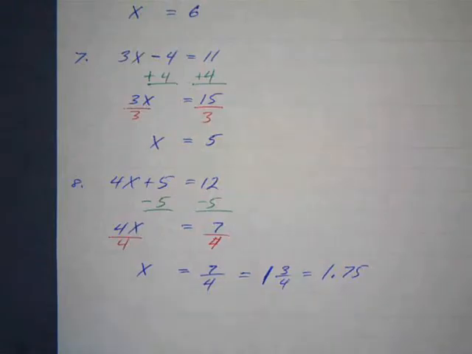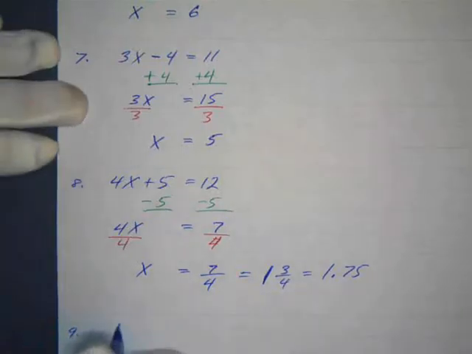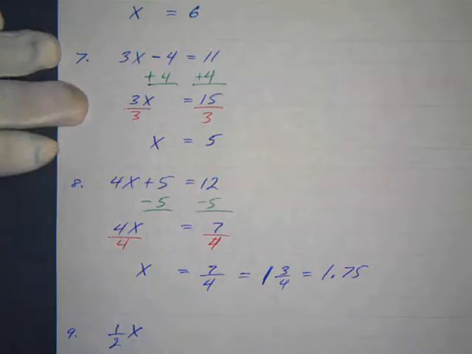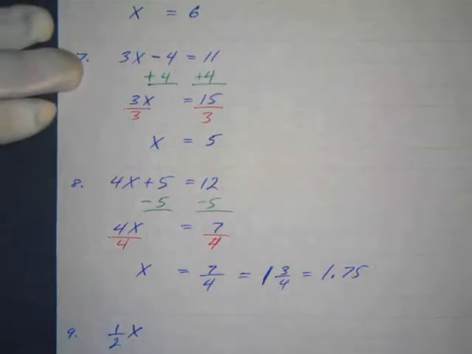Okay. Number 9. One half x minus 3 equals 8.